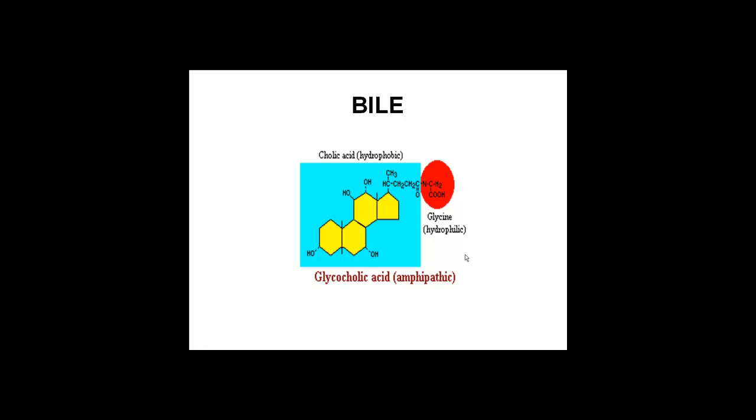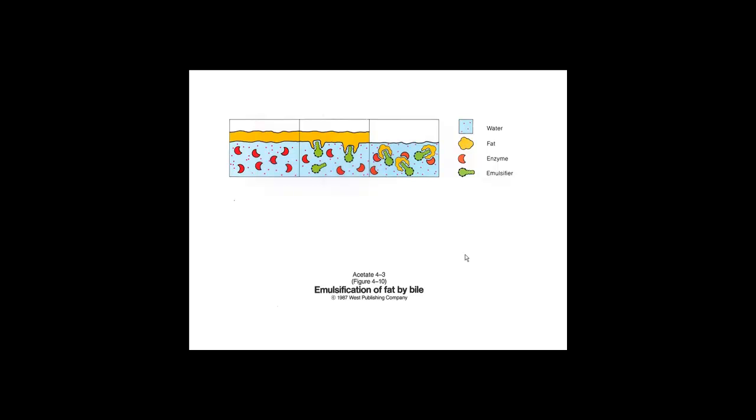The hydrophilic end is going to be attracted to the water part of the chyme, so it's going to allow things like the triglycerides to emulsify in water, because otherwise oil would float and you'd just have a layer on top. So you need to emulsify it so it mixes in with the chyme so it can be easily digested.